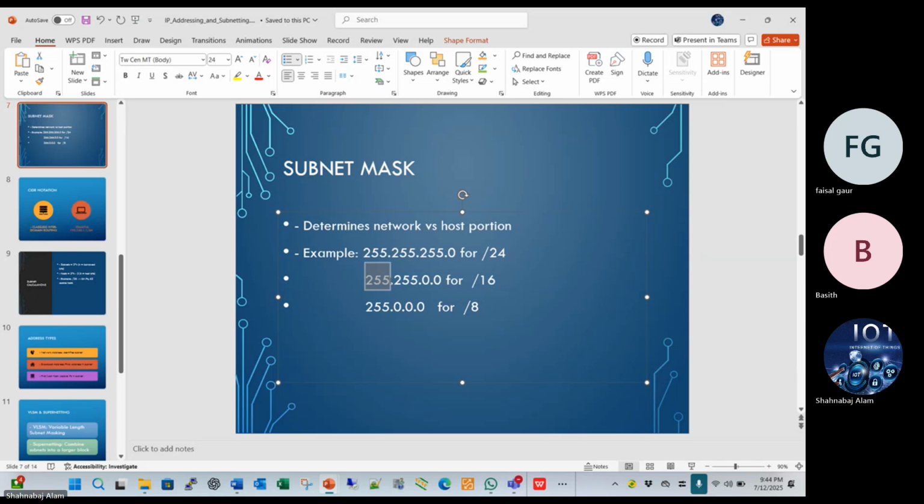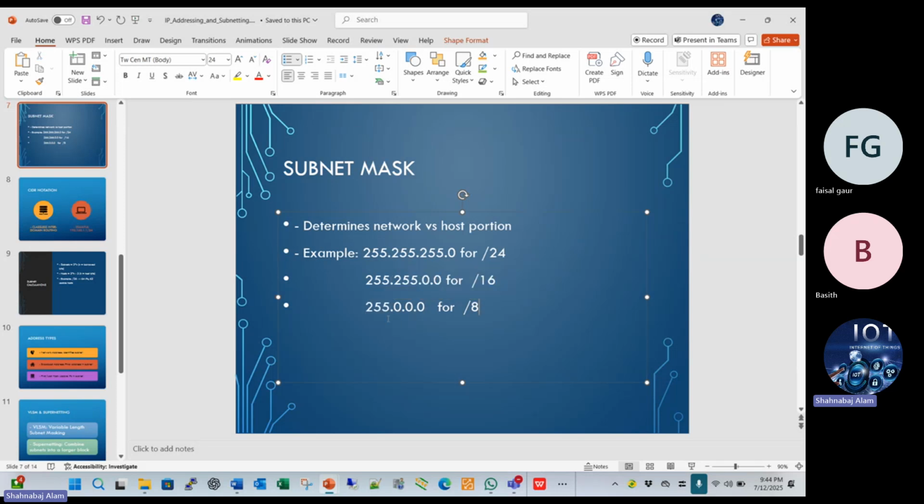Here we are using 8 bit and 8 bit, so 16 bit network and 16 bit host ID. The host ID we do not consider here, only the network ID.